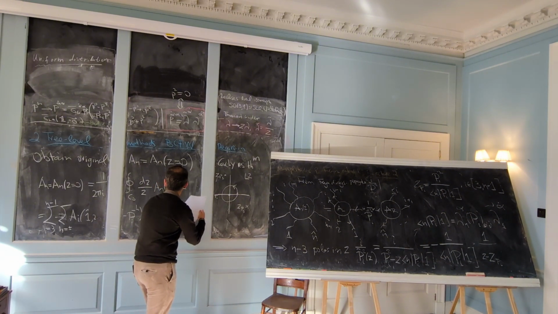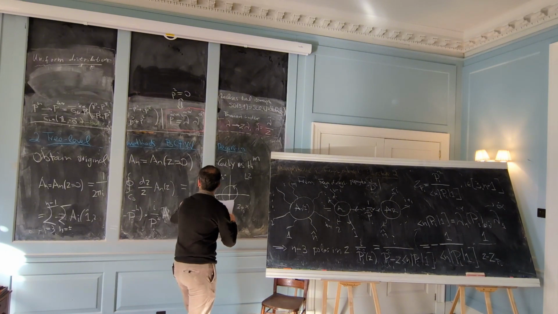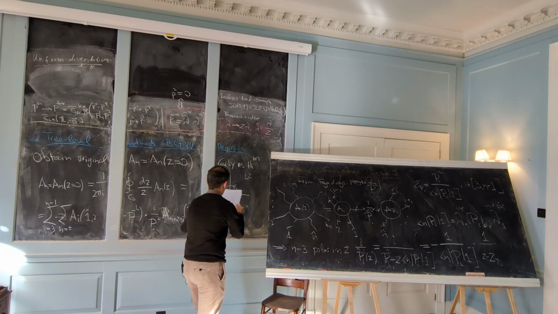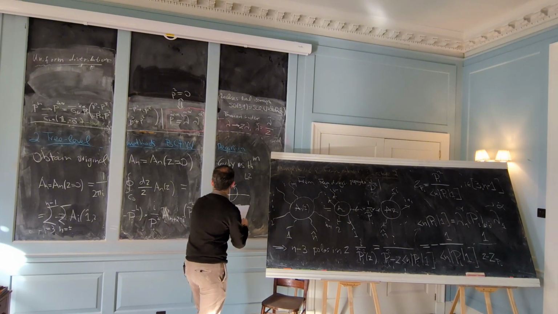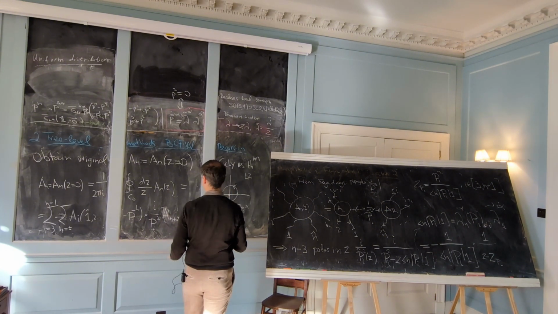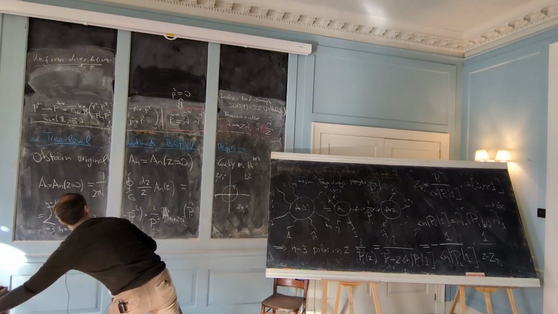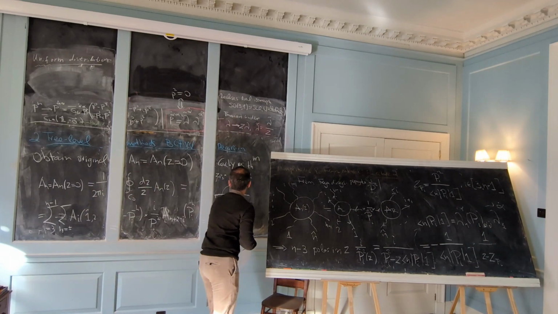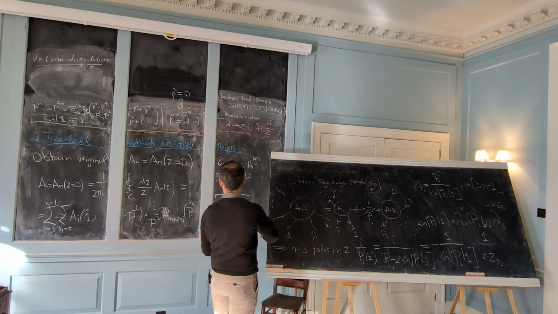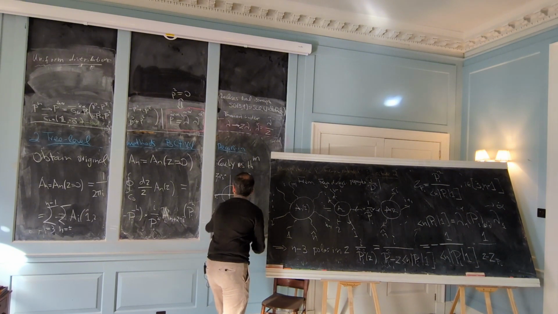And then A_{n+2-I}, P_I now with plus helicity, through n minus 1, n hat.